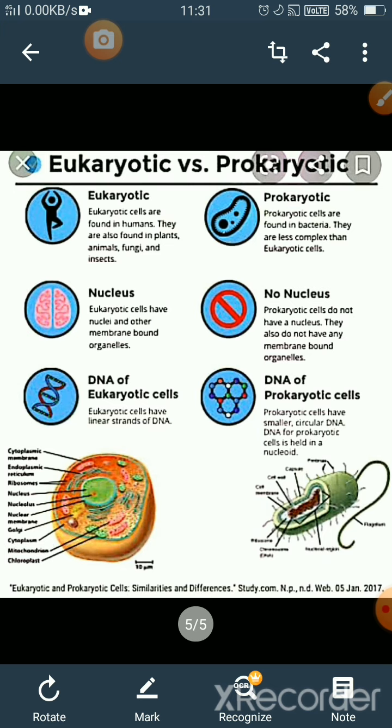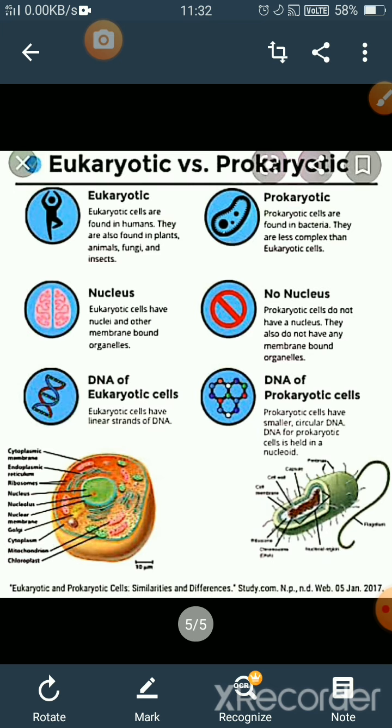As you can see in the picture, eukaryotic cells have nuclei and other membrane-bound organelles, meaning eukaryotic cells have a nucleus.